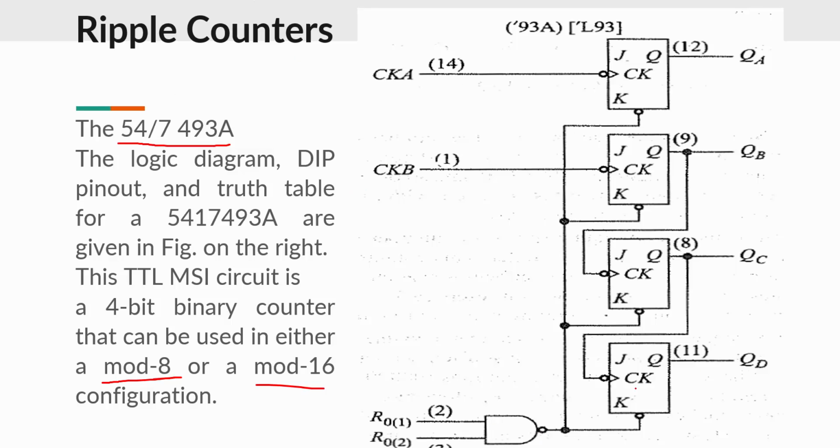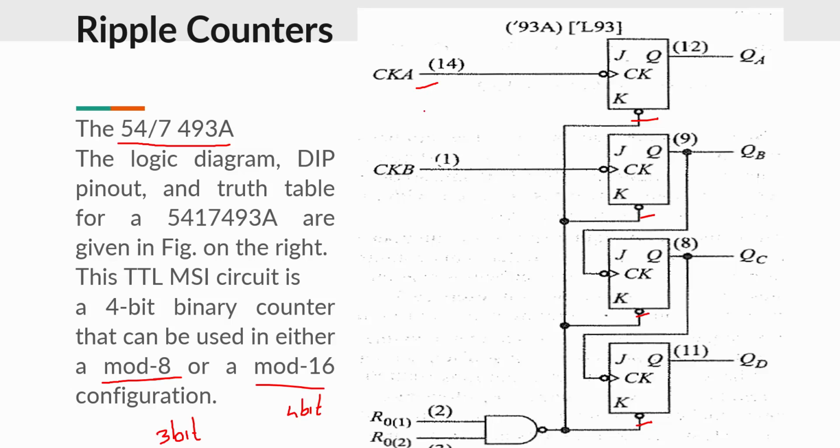Mode 8 means 3-bit, mode 16 means 4-bit. It will generate a total of 16 states, or it will generate 8 different states, and here it is the clear input. This is the clear representation in this particular IC.